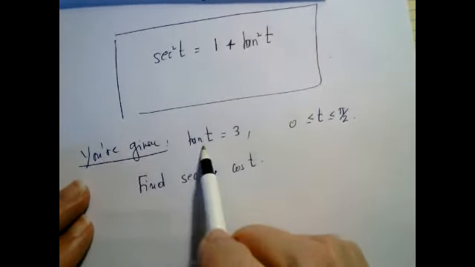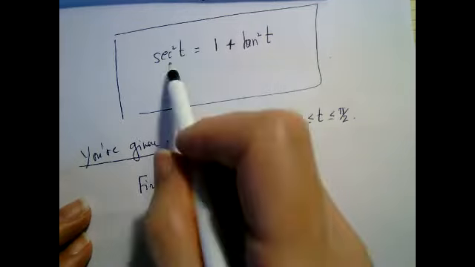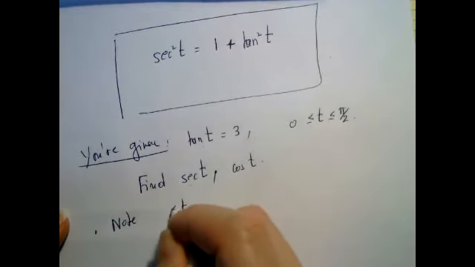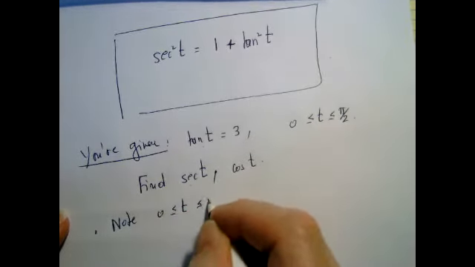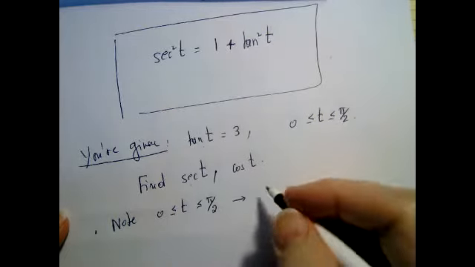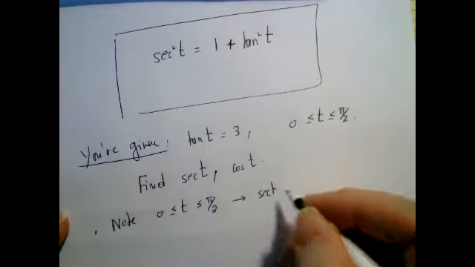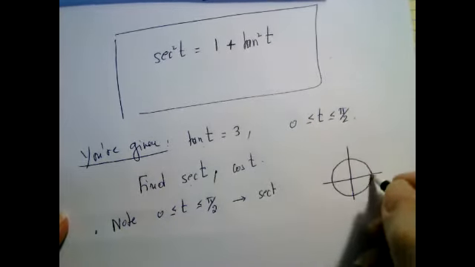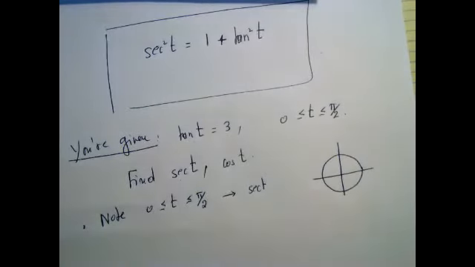All right, so if I know the tangent, how can I find the secant? I say, okay, we know the following. Two things. First, let us note that t is in between 0 and pi over 2. It means the secant t, is it positive or negative? Is the secant positive or negative?